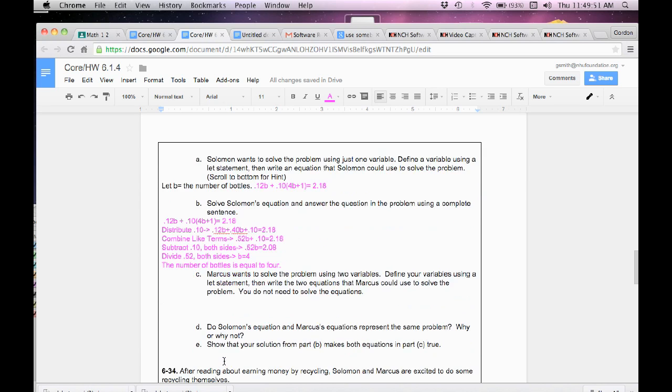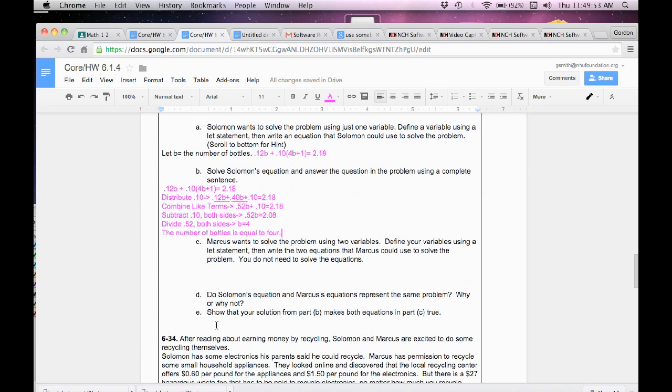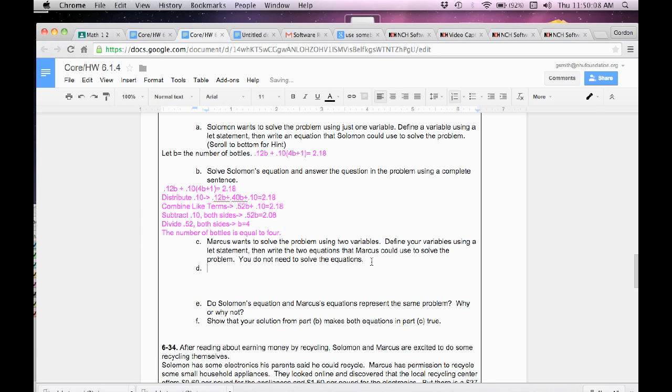Okay, now we're going to look at C. C says Marcus wants to solve the problem using two variables. Define your variables using a let statement, then write two equations that Marcus could use to solve the problem. Okay, this is not as hard as it may seem at first.